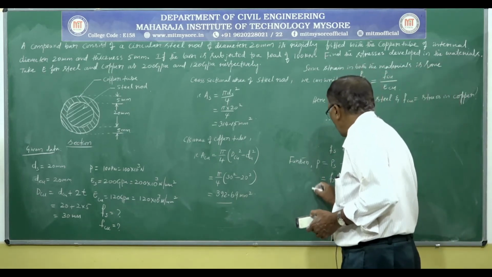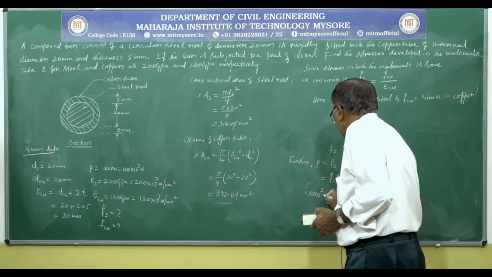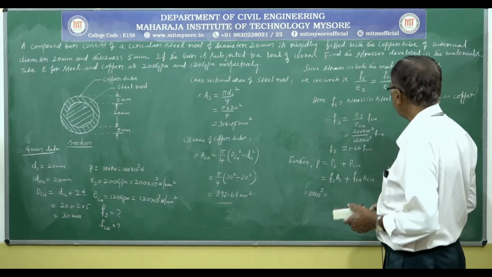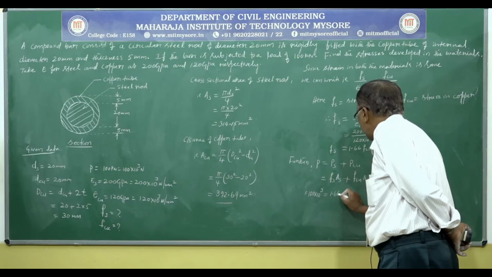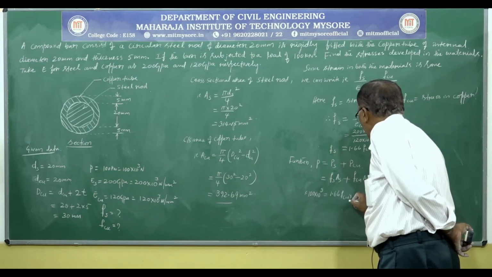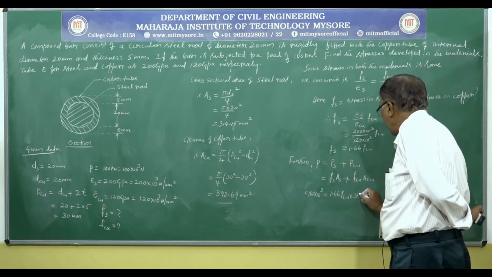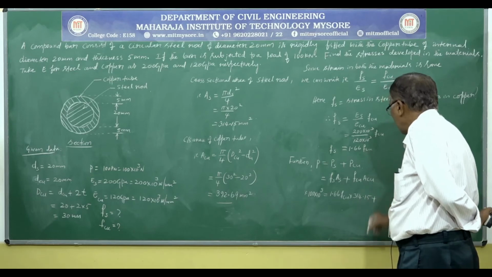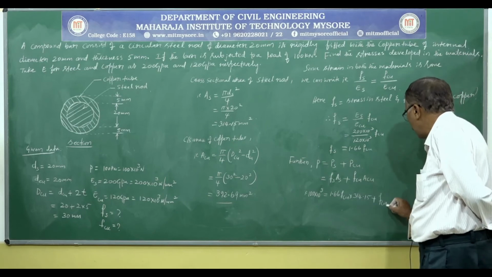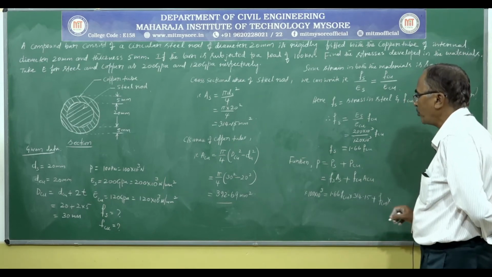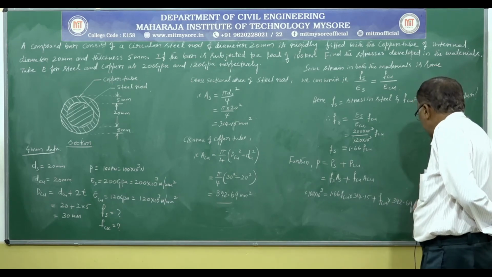So we know P is equal to 100 into 10 power 3, that is equal to Fs, we got Fs in terms of Fcu, that is 1.66 Fcu into area of cross section of steel, 314.15, plus consider Fcu as it is, Fcu into area of cross section of copper, it is 392.69.